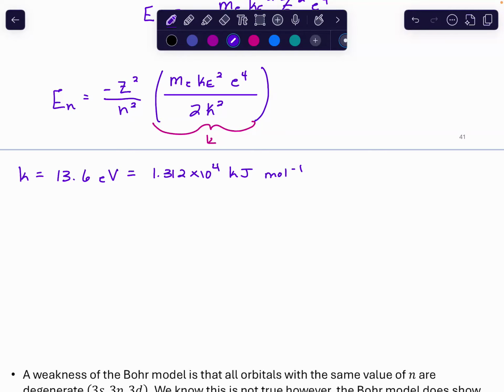And for those of you who have worked with the Rydberg equation before, this also equals our hc, the Rydberg constant, Planck's constant times the speed of light. So a lot of you have used the equation R h c times 1 over n final squared minus 1 over n initial squared. Well, this is the R h c.